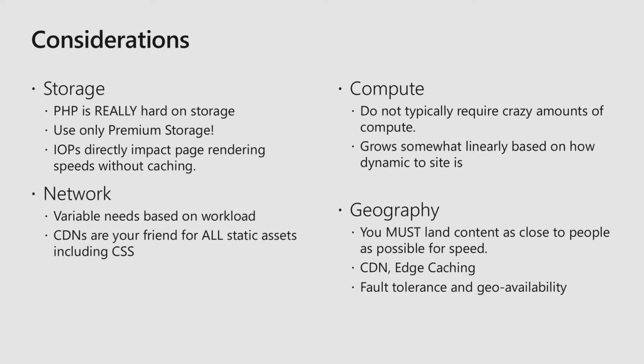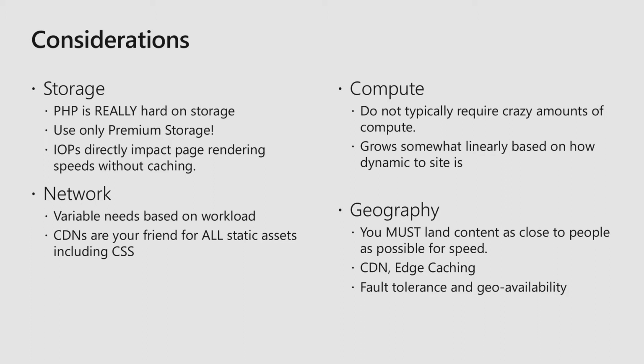IOPS directly impact your ability to render pages quickly, and so if you're not doing any kind of caching in front, whether it be through Varnish or Redis, you're going to have a performance bottleneck, and that's going to be very challenging. From a network's perspective, variable based on what you're doing.